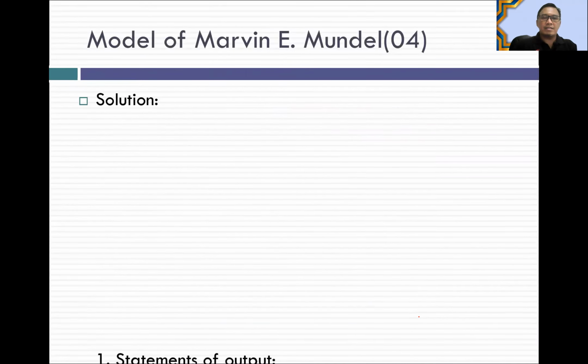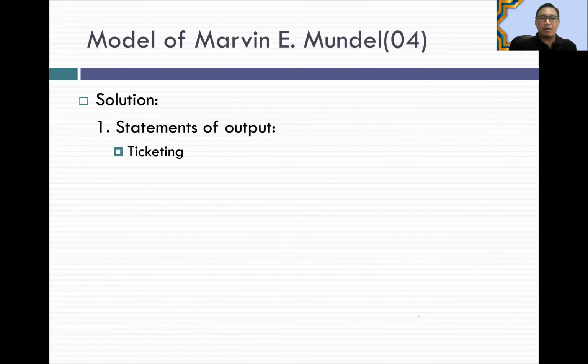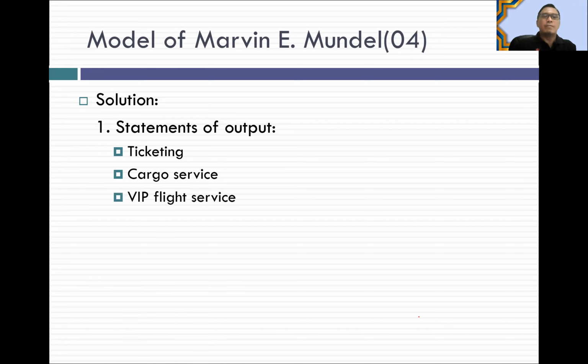First is the statement of output. We need to determine which statements are the outputs and which are the inputs. The output can come from ticketing, cargo services, and VIP flight services.